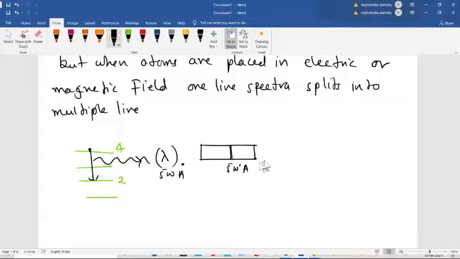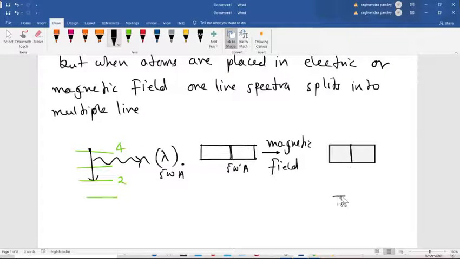Now when we put it under the magnetic field, this line spectrum splits into multiple spectra. Then there is splitting there, multiple ones.